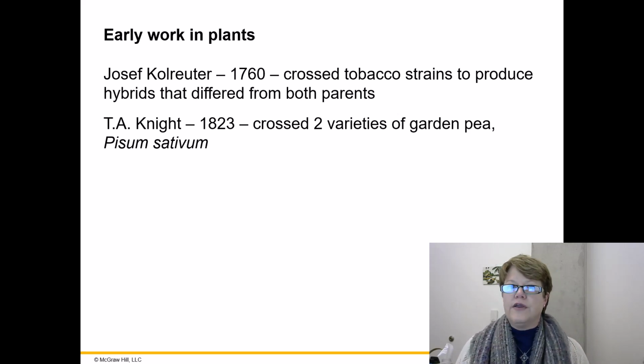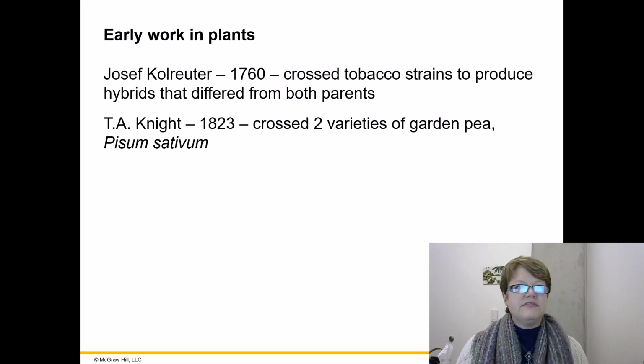They didn't end with Gregor Mendel, so be careful. He started the field of genetics, but he certainly didn't finish it. He worked in the mid 1800s, and he worked with pea plants.